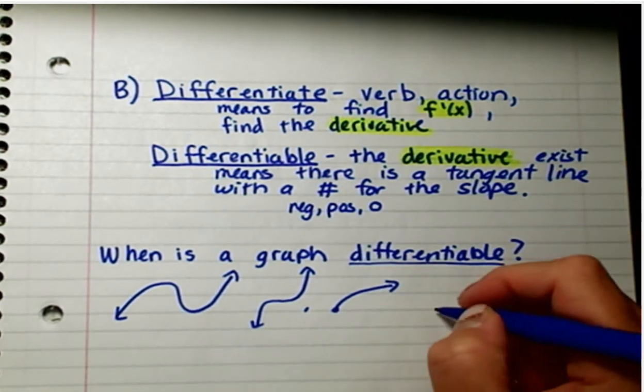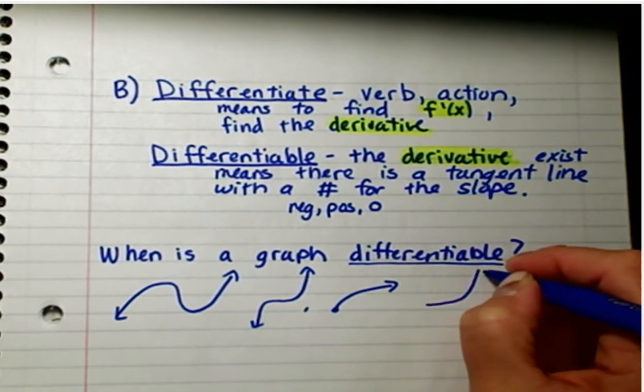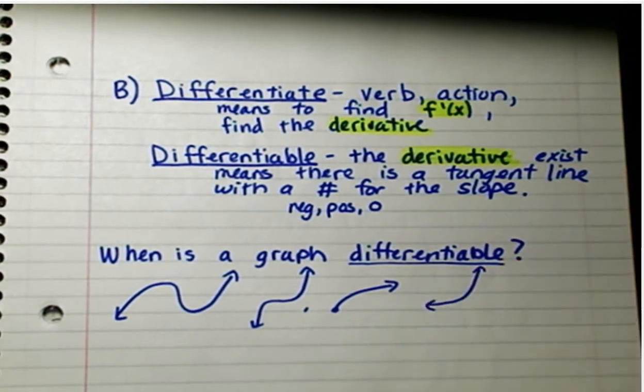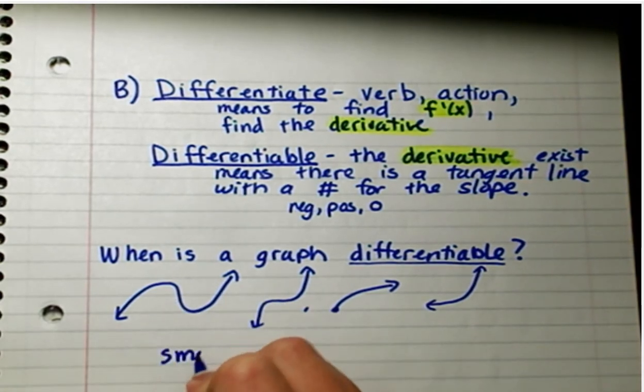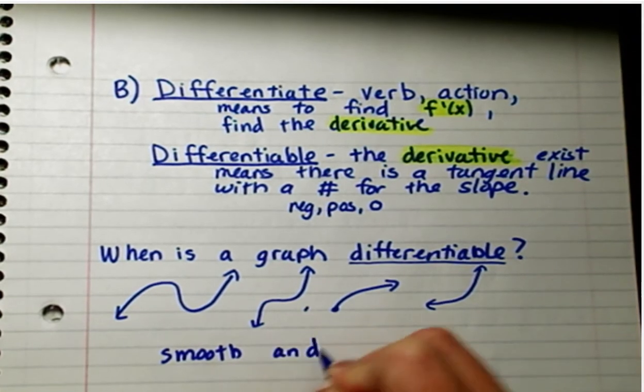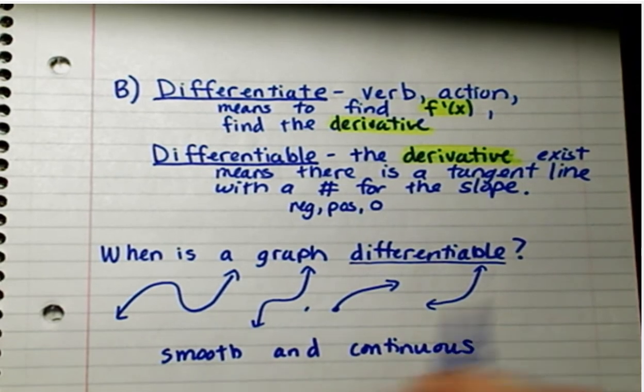Okay. So all of these graphs are smooth and continuous.